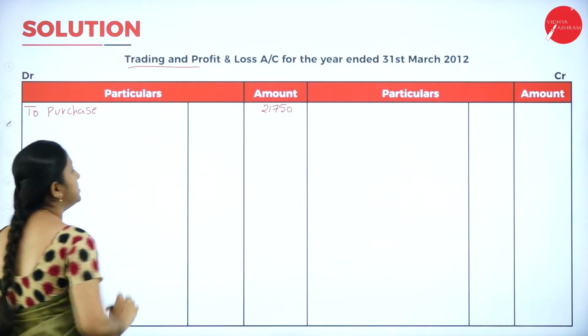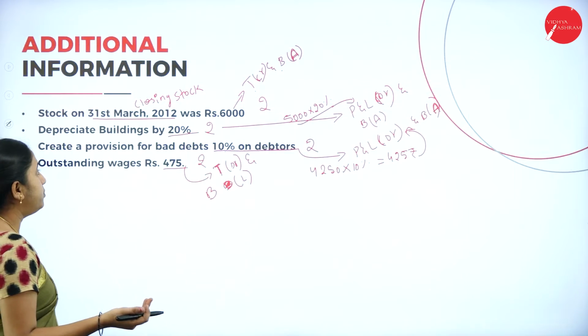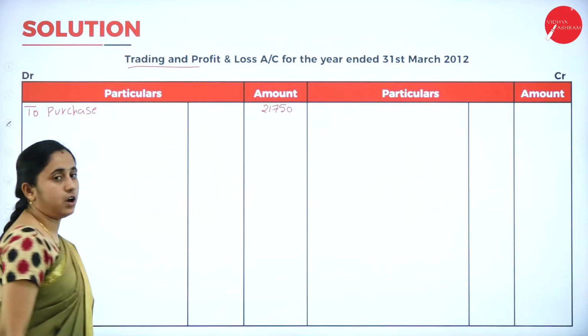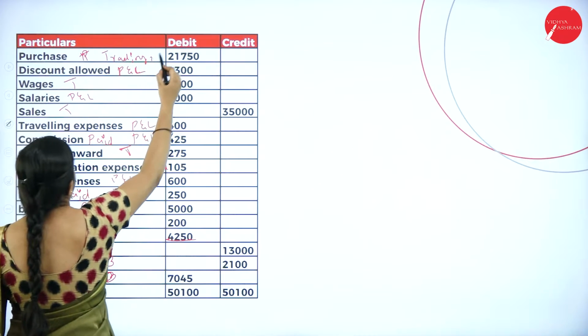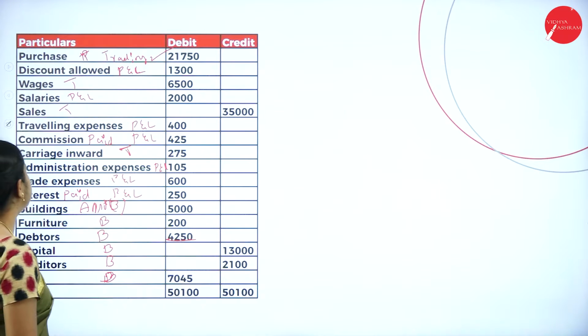We don't have any adjustment related to purchase, that means any purchase return. We don't have purchase return here, so write directly in the outer column 21,750. Next, purchase. Just make a mark so it is clear that we consider purchase.